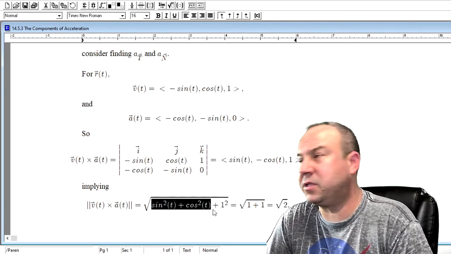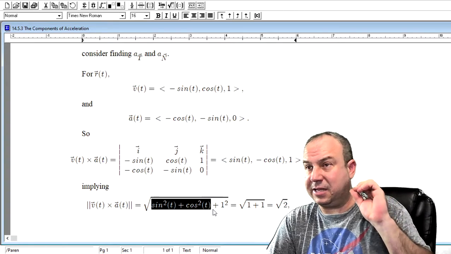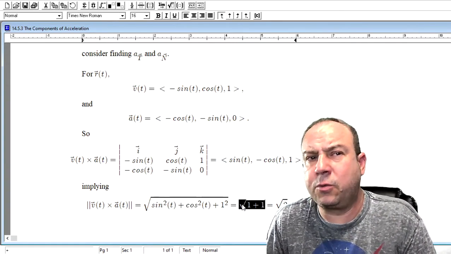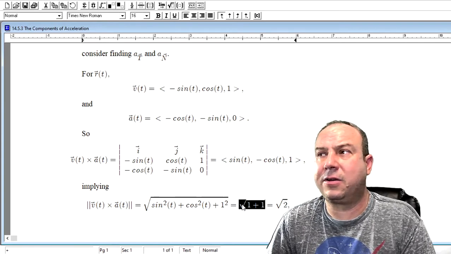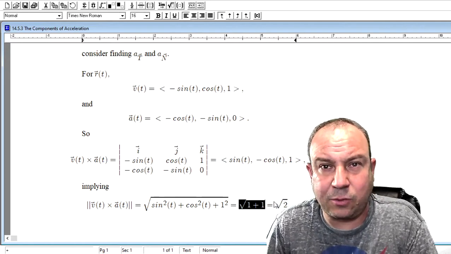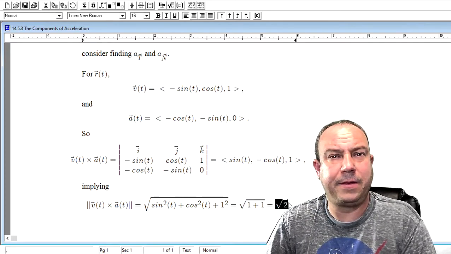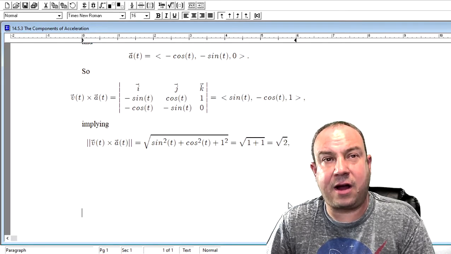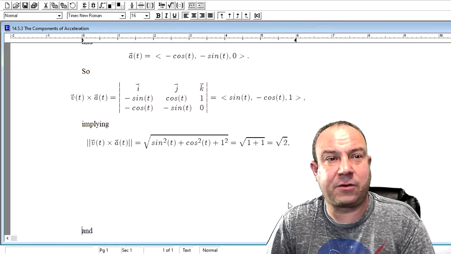The sine squared plus cosine squared t is that Pythagorean identity again, which simplifies to 1. So the magnitude of this cross product of the velocity with the acceleration vector is the square root of 2. That is going to become the numerator in our normal component of acceleration.